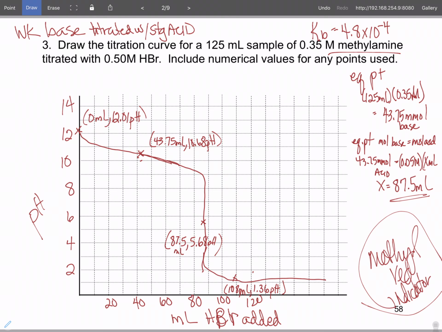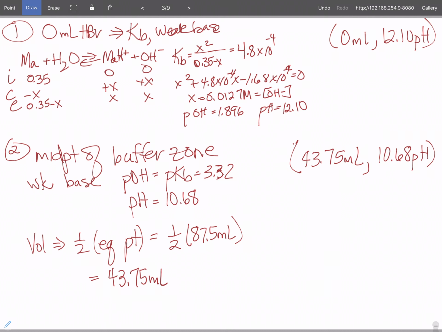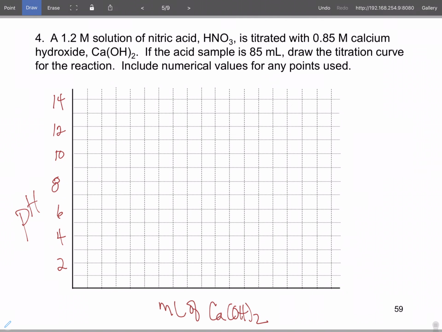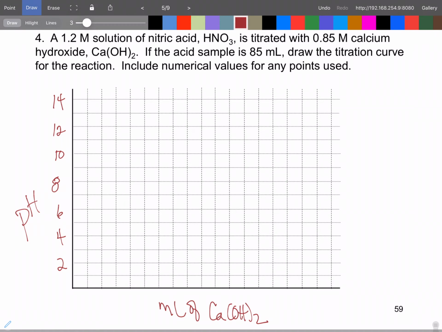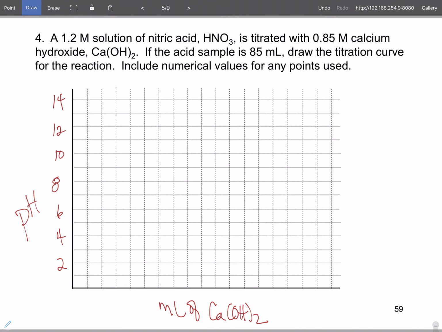Okay, now, just because we want to round it out, we're going to do a strong acid with a strong base. I've already put the pH units in here, but we have 1.2 molar of nitric acid being titrated. We know that this is our acid here.